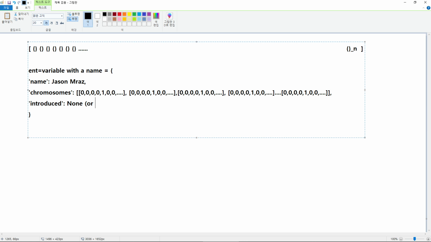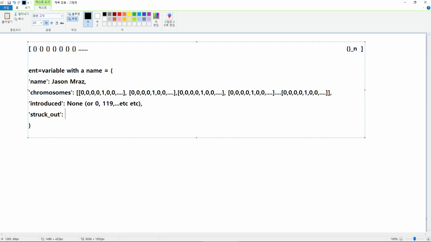Or if it was introduced during generation 0, it would have an integer value of 0. If it was introduced in generation 119, it would have 119, etc. Now, after that would be something like struck out, as in during which generation this entity got struck out because it went over the constraint threshold.